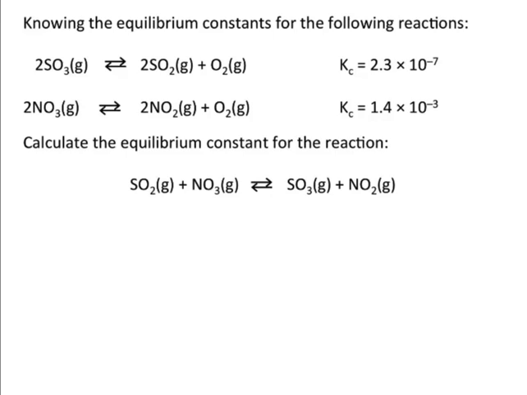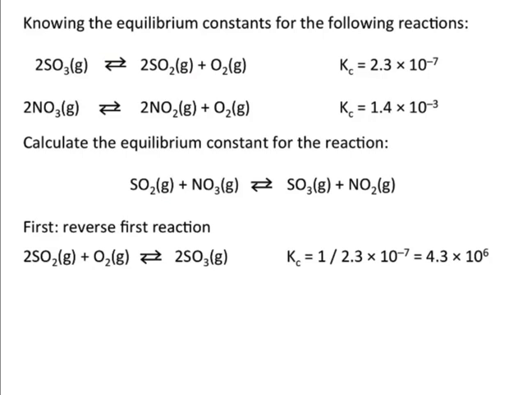When I do these kinds of problems, the first thing I'm looking for is, let's see here, I need some sulfur dioxide up in my eventual reaction. And the only place sulfur dioxide is present is right here. So this is a product up here, but it's a reactant down here, and that means I need to reverse this reaction. So let's do that and then see what it gets us.